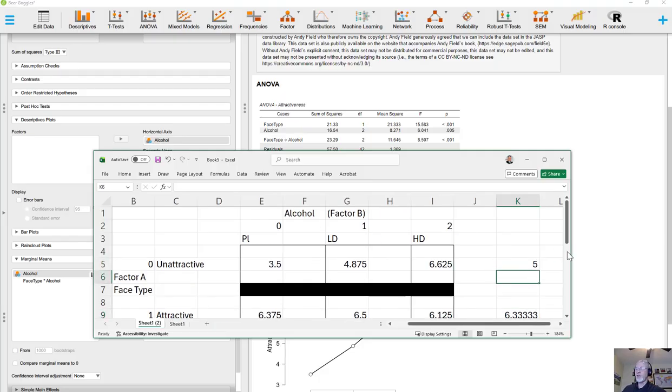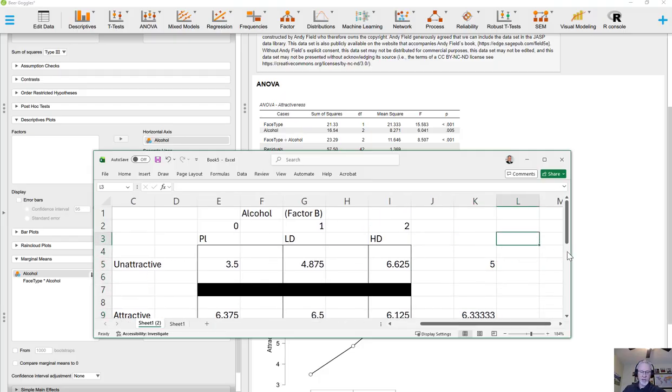So I have my F with 1 and 42 degrees of freedom is equal to 15.58, and that was significant.